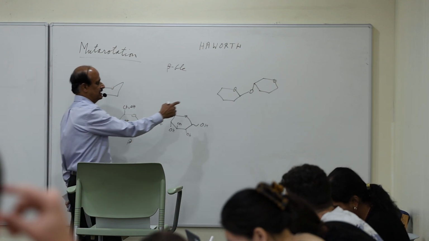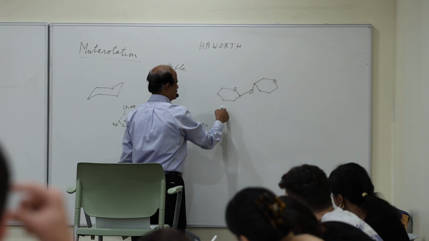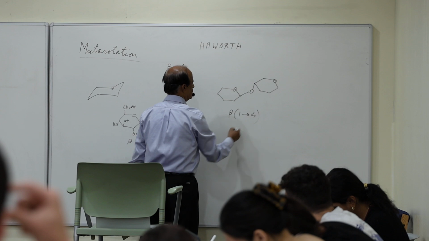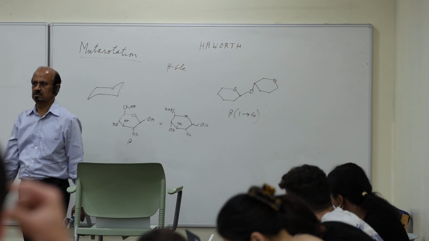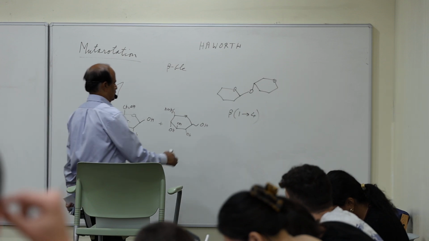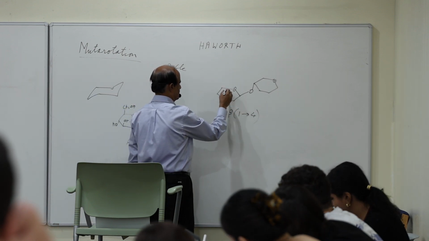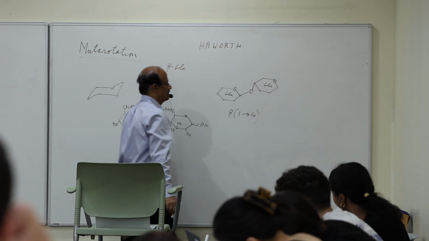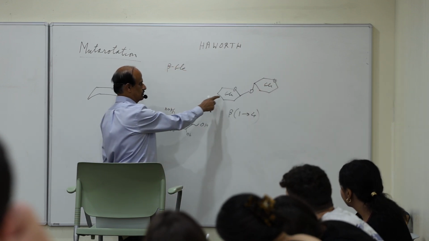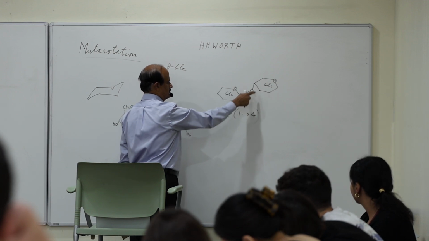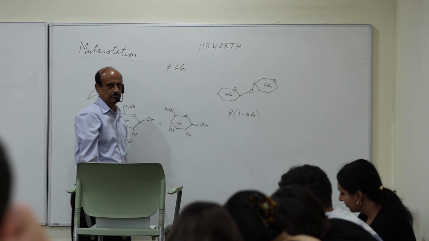So this link is called a beta 1,4 glycosidic linkage. So this is a disaccharide in which this is glucose, this is glucose. The first glucose is in beta structure, and it is linked to the carbon 4 of the second glucose.